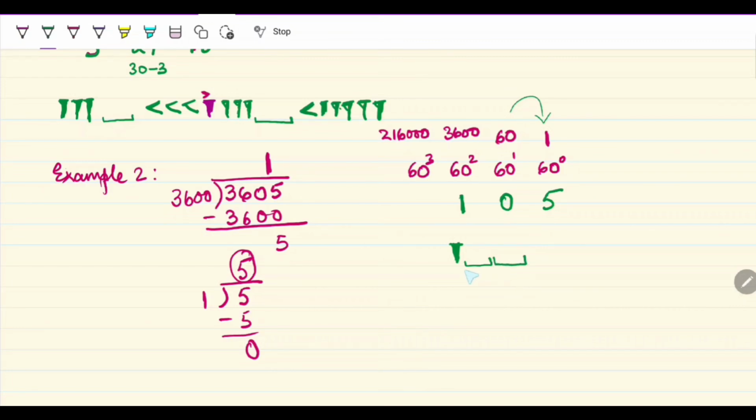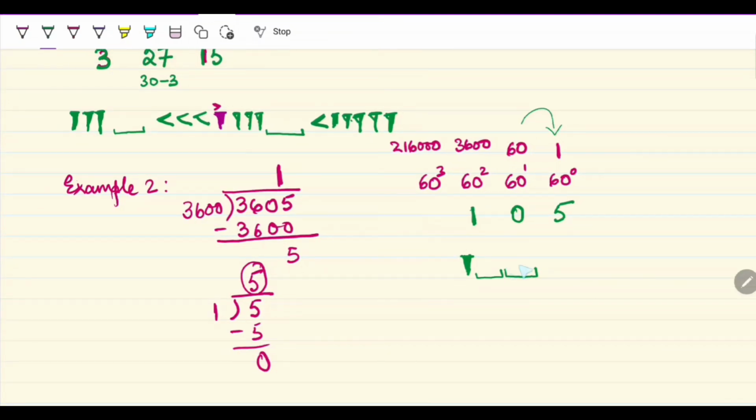All right, so we have an extra space to represent 0. There's no symbol in the Babylonian system to represent 0, so we put an extra space. So there are 2 spaces really between the digit on the left and the extreme rightmost digit. 5 can be expressed with 5 vertical lines.